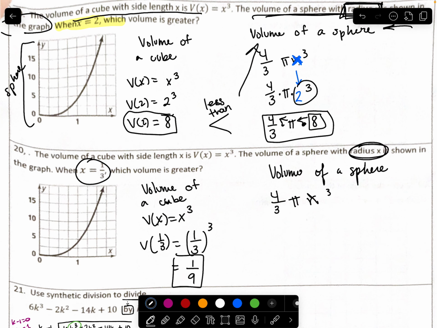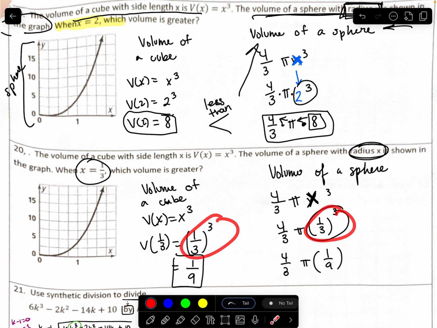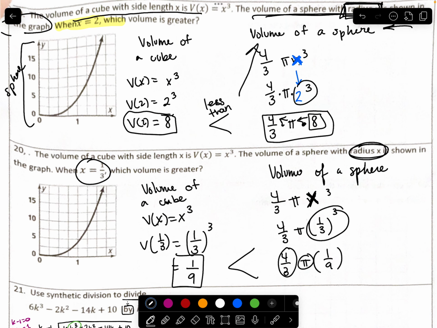We know the radius is x, so we'll replace it with x. 4 over 3 pi times 1/3 cubed. So same thing again, this is 1 over 27 based on what we found here. And it's still greater. So therefore, the volume of a cube is less.